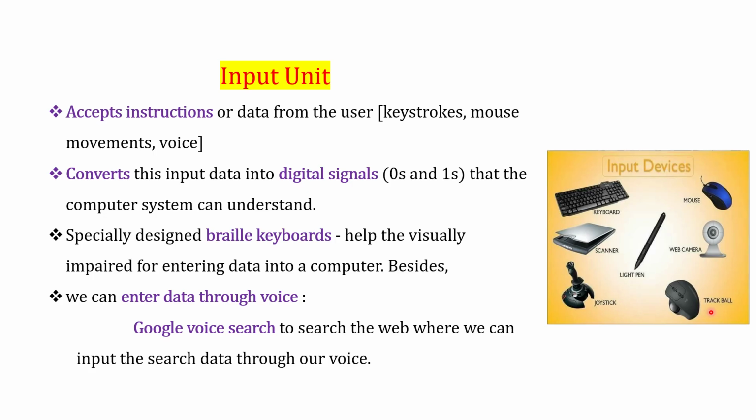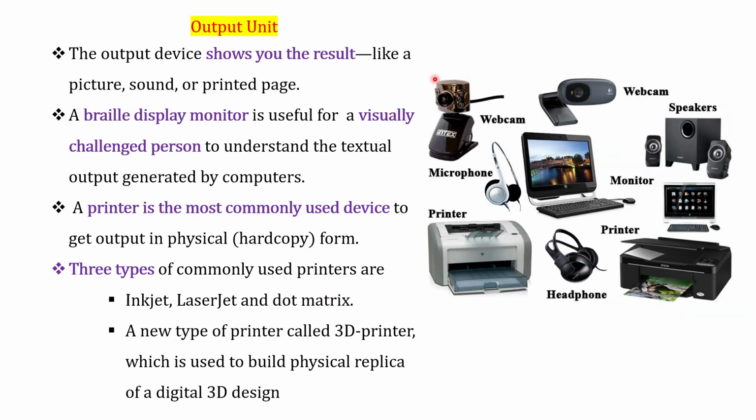So the main function of the input unit is to accept the instructions from the user, convert them into digital signals that the computer can understand, and transfer them to the next unit, which is the central processing unit.